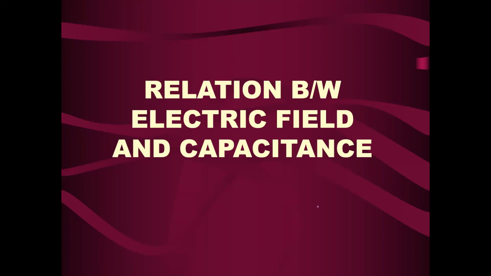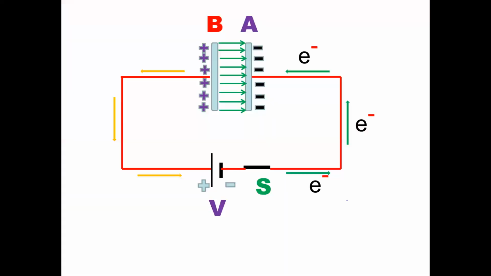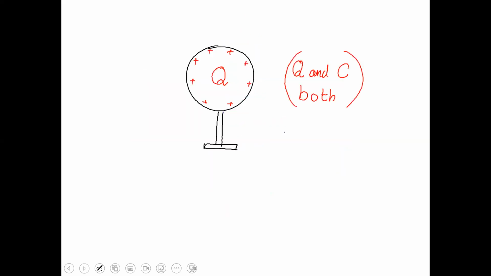Relation between electric field and capacitance. This is our next title. Now, this is a concept. Now, look, when you make a capacitor and when you charge a capacitor, you will notice the formation of an electric field. When you charge a capacitor, you will find there is an electric field between the plates.